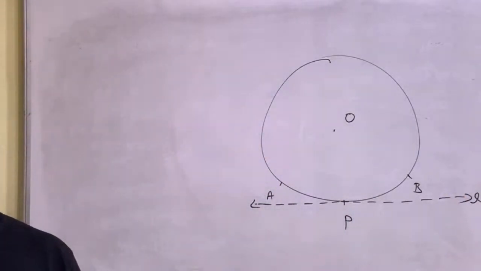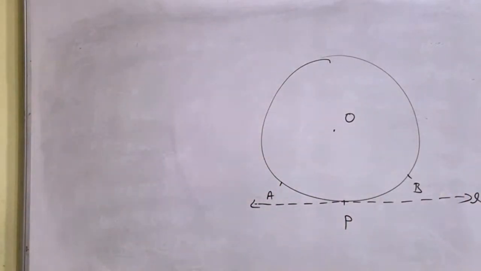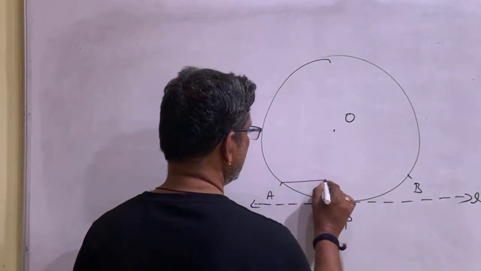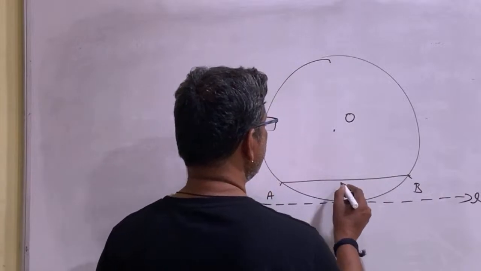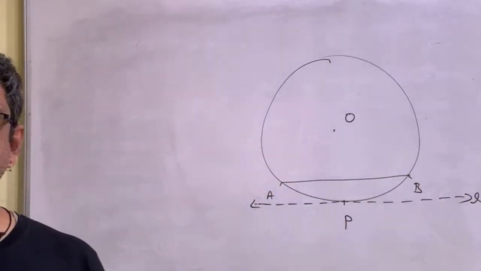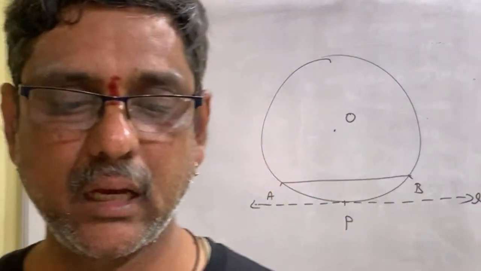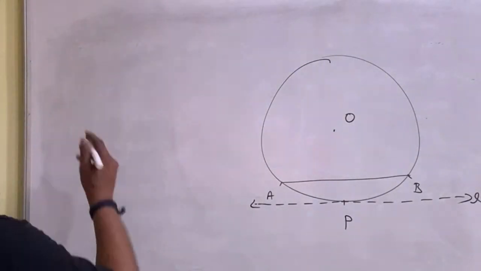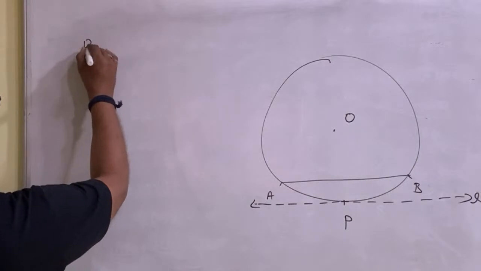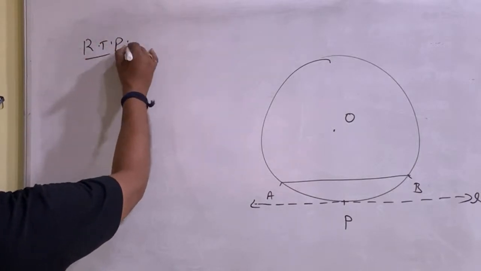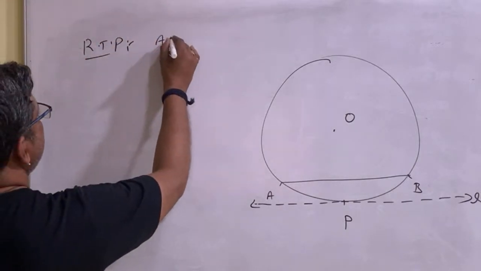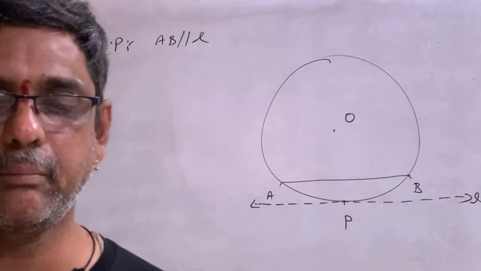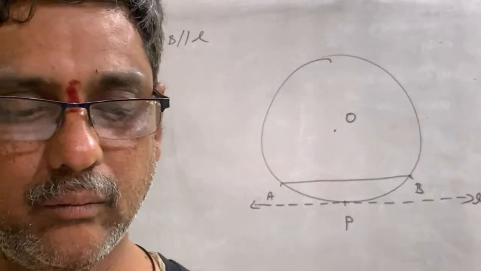Line L is a tangent at P, and AB is the chord. What we have to prove is AB parallel to L.